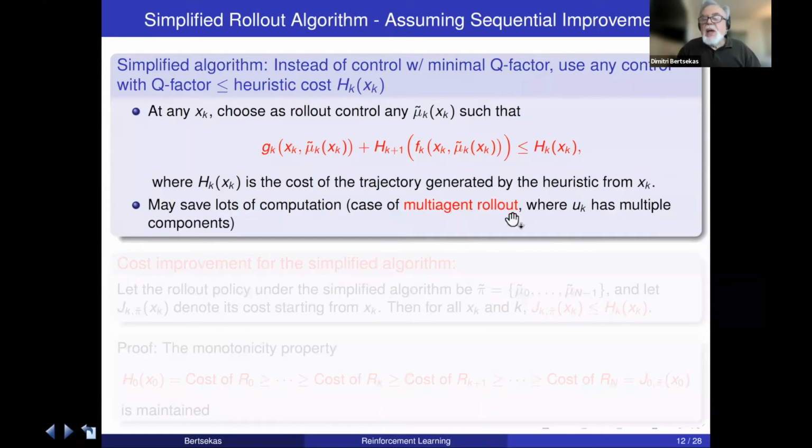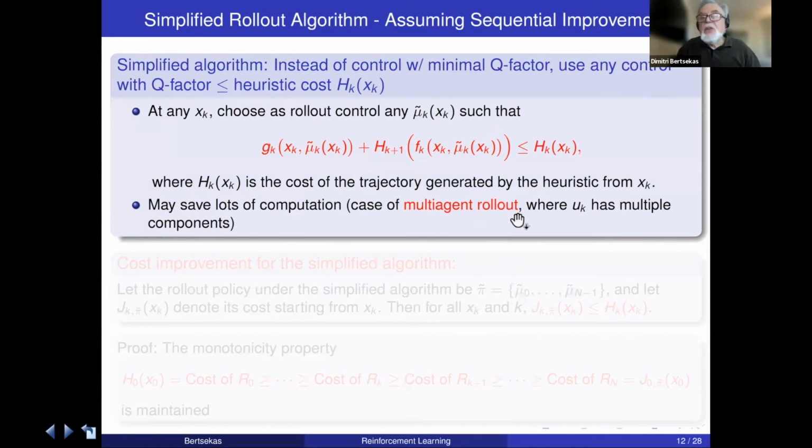The reason why this number is huge is because the control has multiple components, one component for each agent. So if you have, let's say, 10 agents, and each one has 2 choices, the size of the control space is 2 to the 10, okay? And you can easily construct examples that are meaningful and useful, but the control space is humongous.